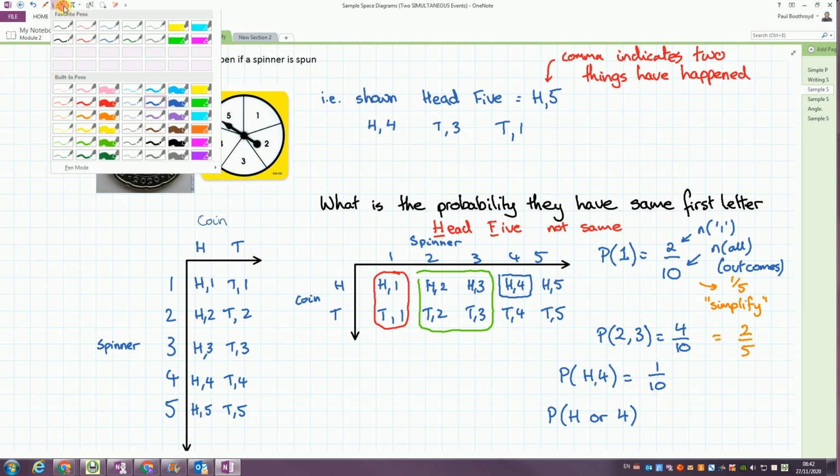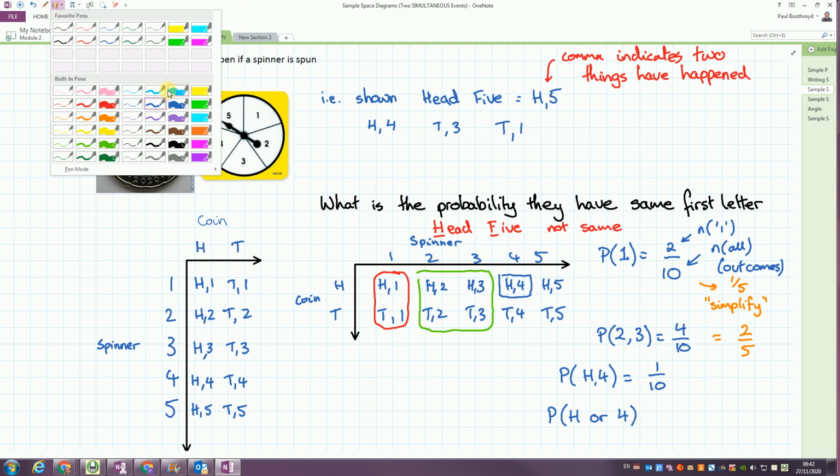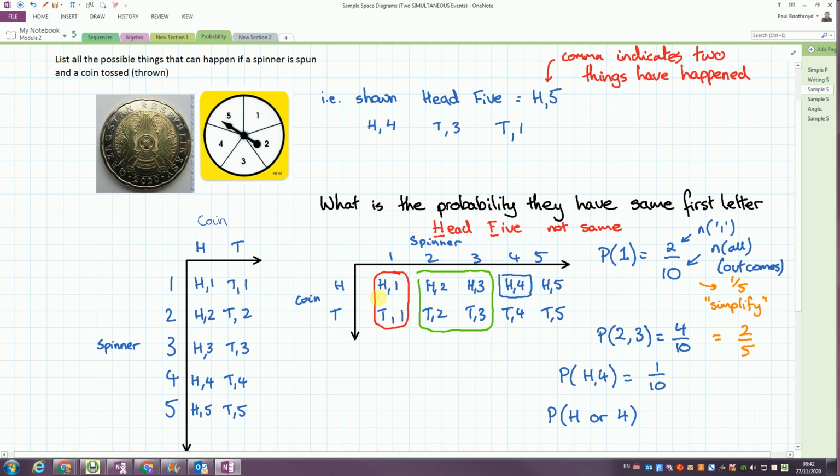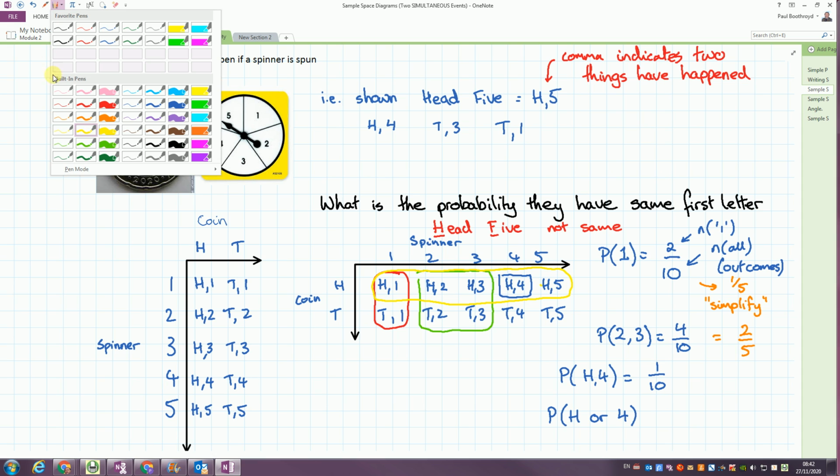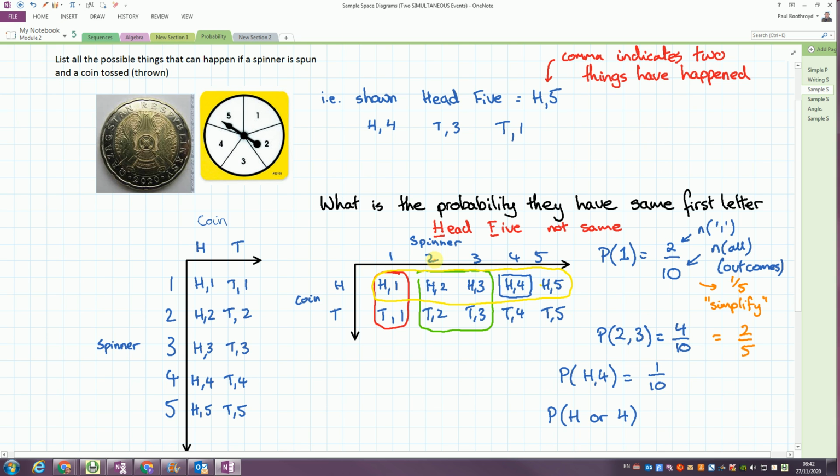If I was thinking about all the heads, I can highlight all the heads, the top line. And I want 4s. It doesn't matter if it was a head or a 4. So we've got that one.